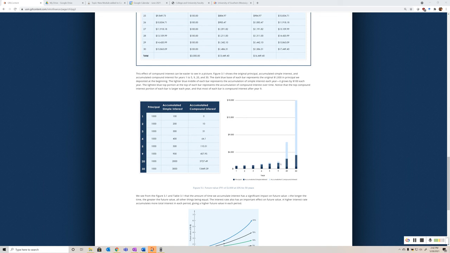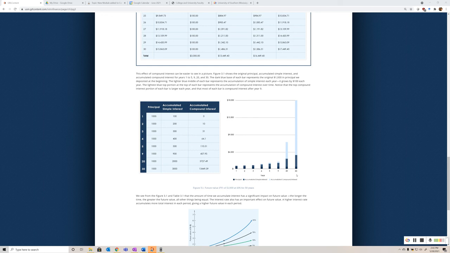We can see the shape of this function as we go from year one out to year 30. There, of course, is no compound interest in year one. There's only a tiny little bit at the end of year two. It's just the $10. But then it increases at an increasing rate until it just dominates everything else. That compound interest is our greatest source of income as we get later on in time.